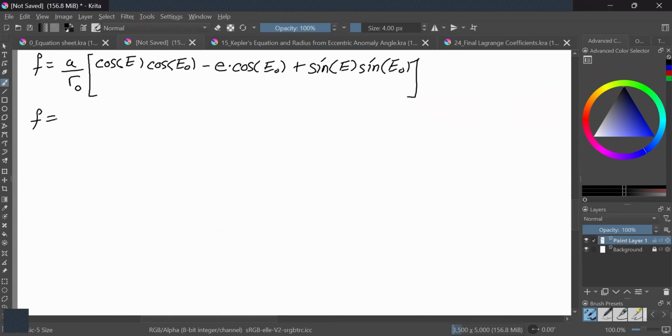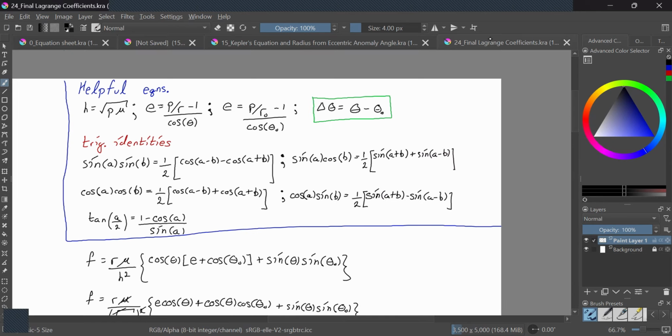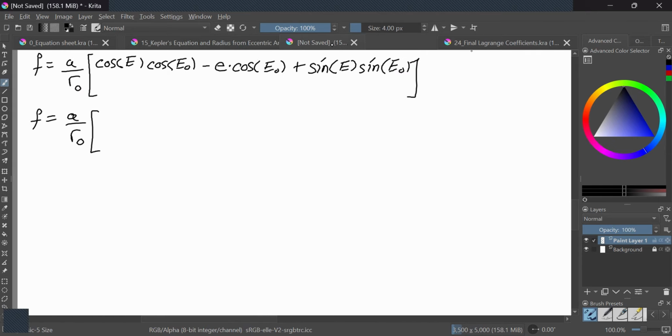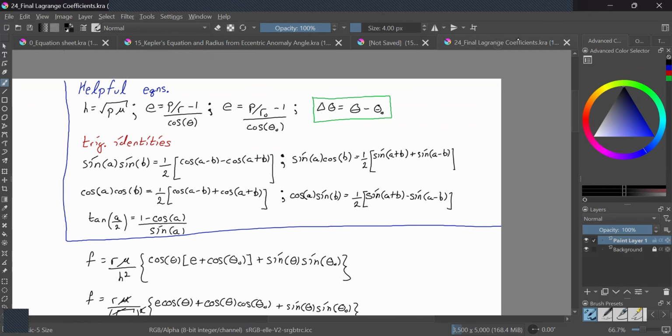So we write what we know. A by r naught, cosine E times cosine E naught. We've seen something similar before. We've seen it over here. In fact, let me move this over to here so I don't have to move this. There we go.